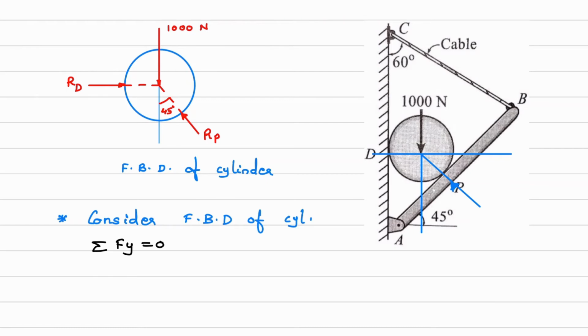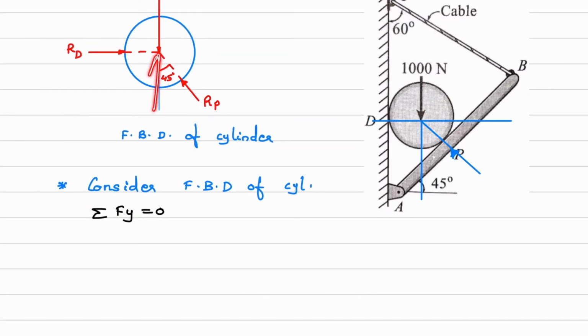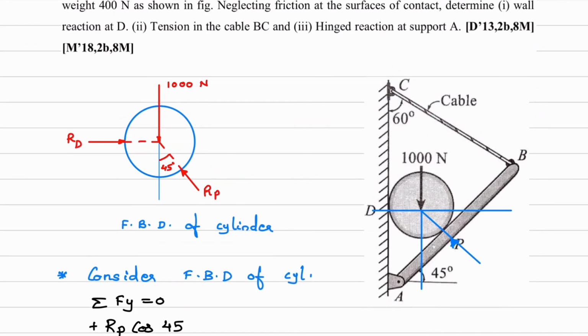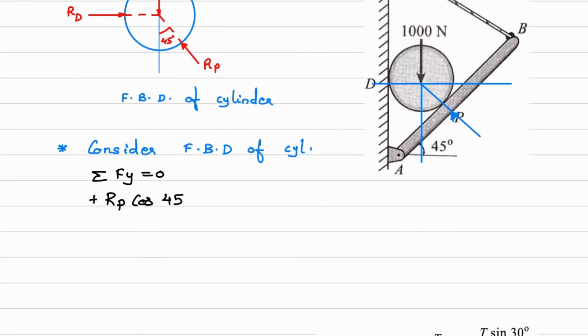Now what is the y component of this RP? It will be in upward direction, so plus RP cos 45. Then this 1000 Newton is in downward direction, so minus 1000 equal to 0. So only unknown over here is RP. So I can write down value of RP, which is equal to 1414.21 Newton.